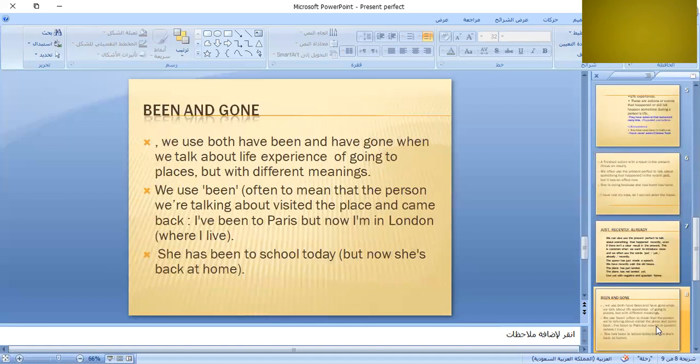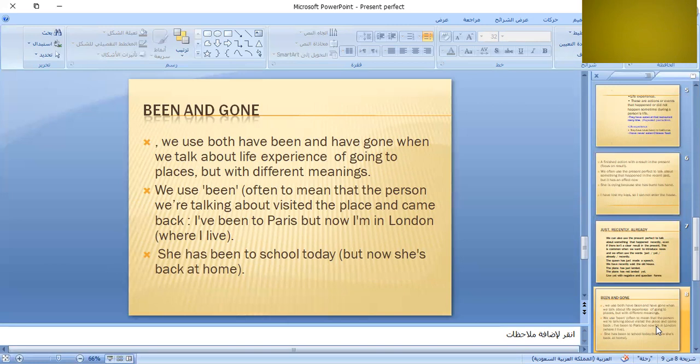We use both. Look at been and gone. We use either of them to refer to visiting a certain country or a certain place, but with some difference in meaning.